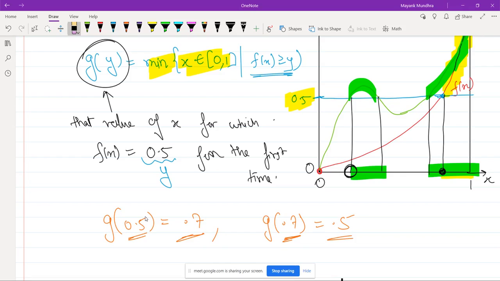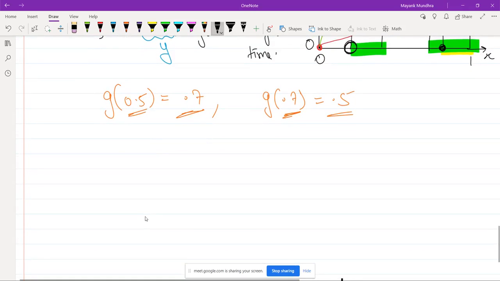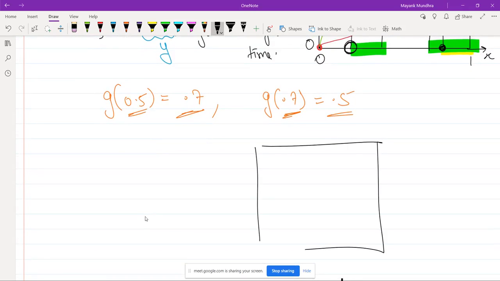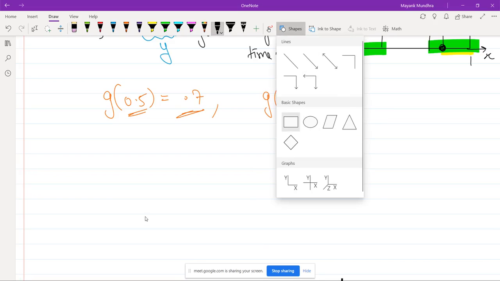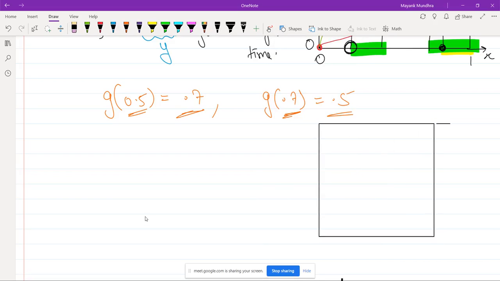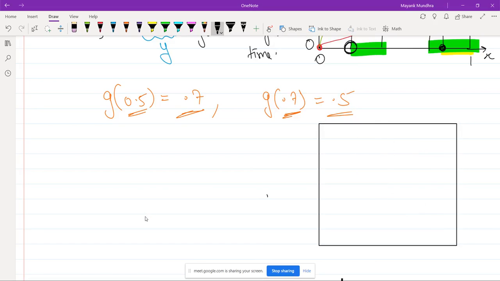Okay, so the irony of that is that suppose this is your unit box. Now the irony of this situation is that (0.5, 0.7) is a point and (0.7, 0.5) is a point.